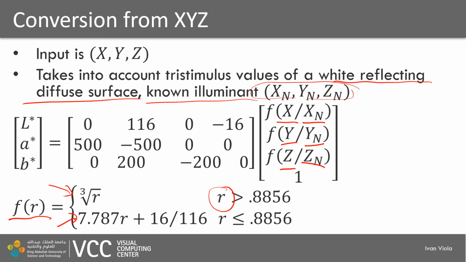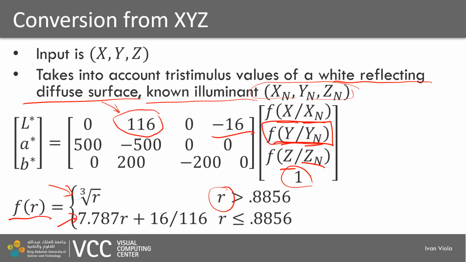And if we have a look at our matrix, we can see that for the L in our LAB color space, we will be interested in the Y component, and this Y component will be weighted with the strongest amount. And then there will be a subtraction of 16 here, but the L, the luminance, is basically taken from the Y, which is associated with the luminance in the XYZ color space.